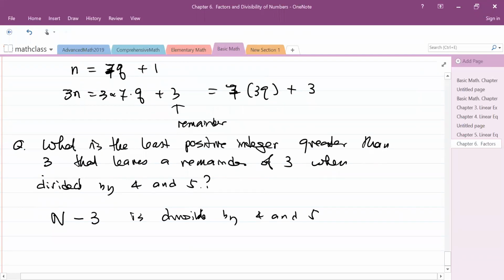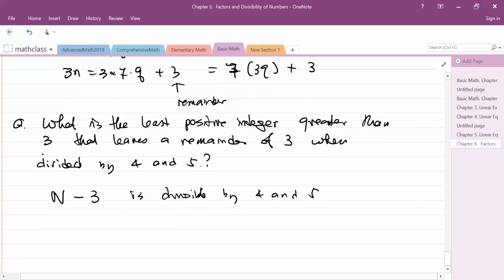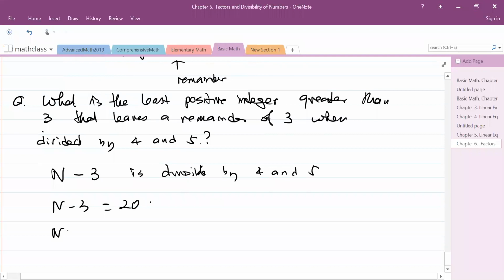Because if you get rid of the remainder, then that number is going to be divisible by 4. So for a number divisible by 4 and 5, what is the smallest possible value? 20. That's right. So n is going to be 23. That's the smallest possible value. This is how we get it.